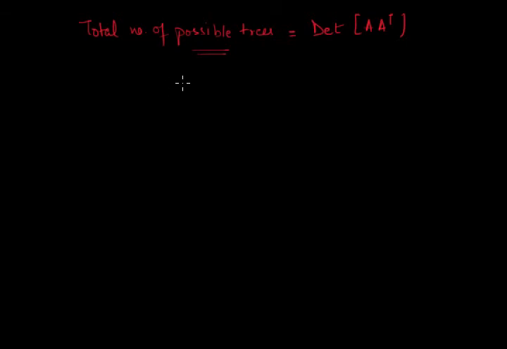The formula is n raised to the power n minus 2, where n is the number of nodes. There are two conditions for applying this formula.